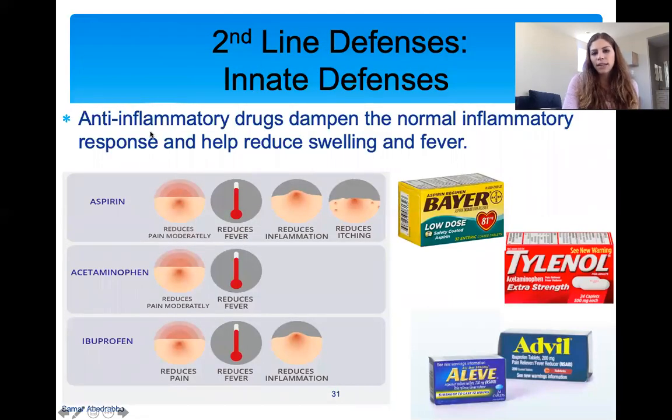And anti-inflammatory drugs and drugs that reduce fever try to dampen the normal inflammatory response and help reduce swelling and fever. So just different drugs that people take to reduce inflammation, reduce fever. So if we look at aspirin, it reduces pain. So aspirin, Tylenol, acetaminophen is a chemical in Tylenol, and ibuprofen, they reduce pain, reduce fever.